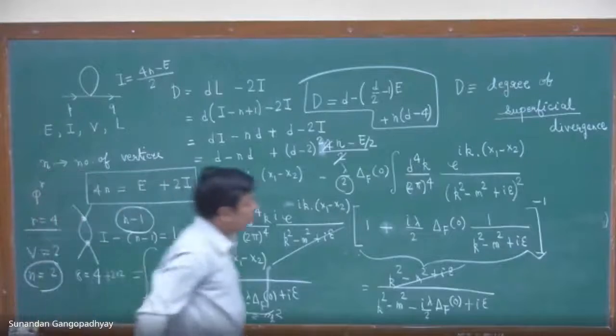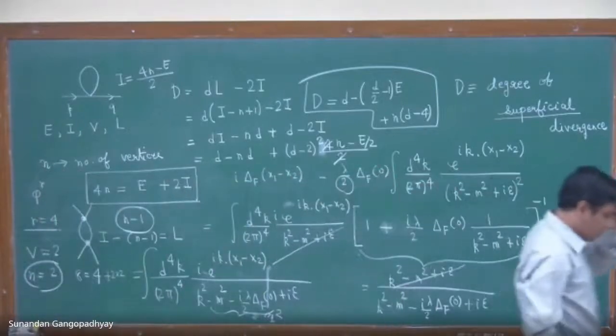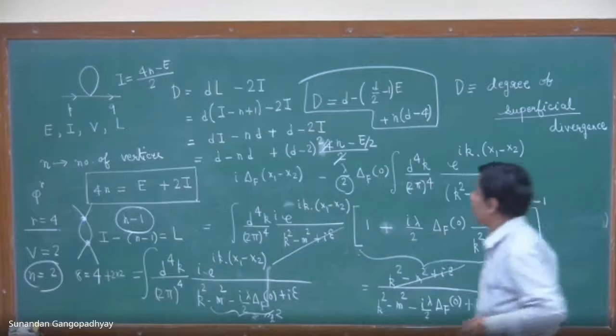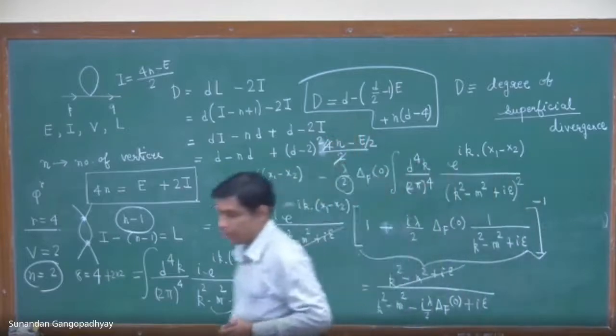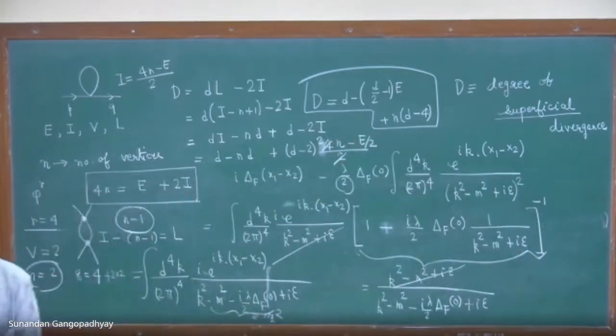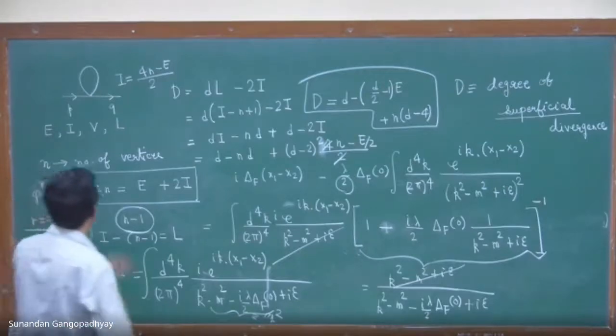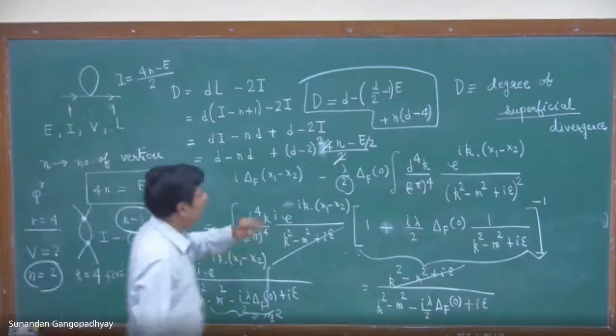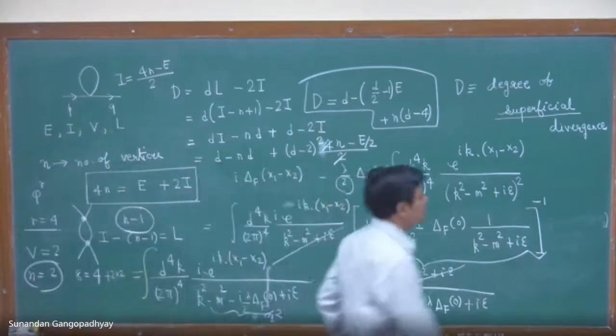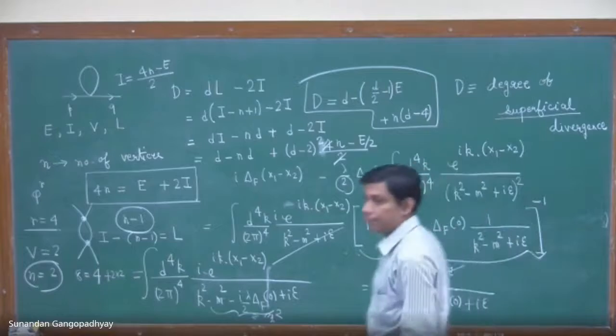I shall continue from here in the next class, but this is the expression for the superficial divergence of this diagram. You can play with this for these two diagrams, for this diagram and the fish diagram.